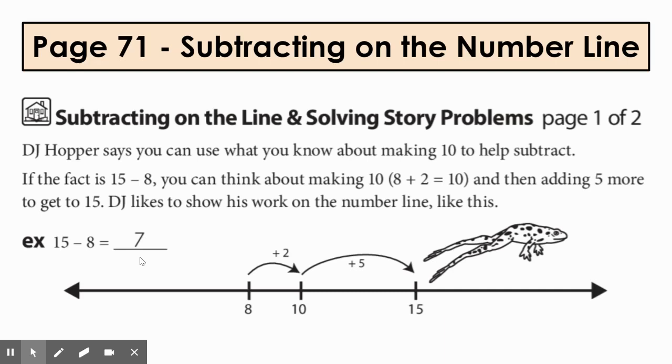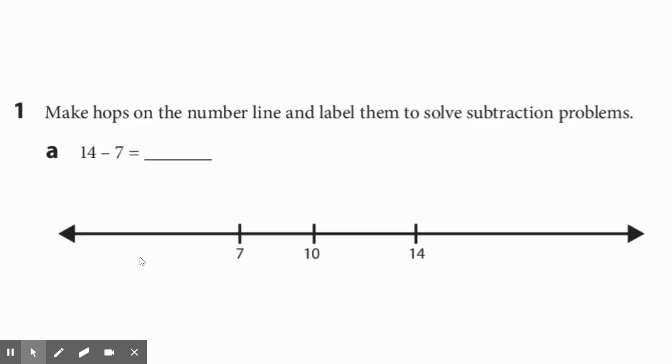Let's do letter A together. Make hops on the number line and label them to solve subtraction problems. Here's our first one, 14 minus 7. So you can see on the number line below that we have labeled 7 on one end of the number line and 14 on the other.